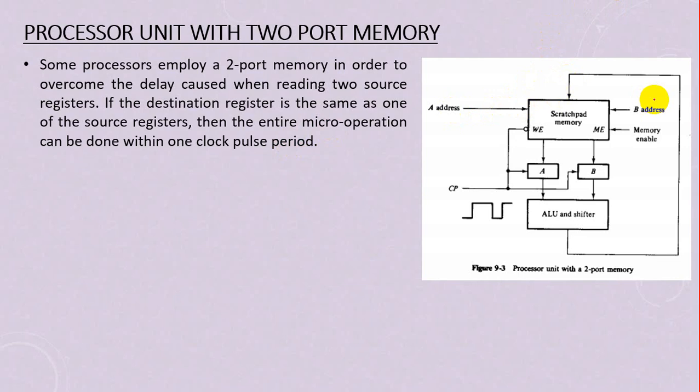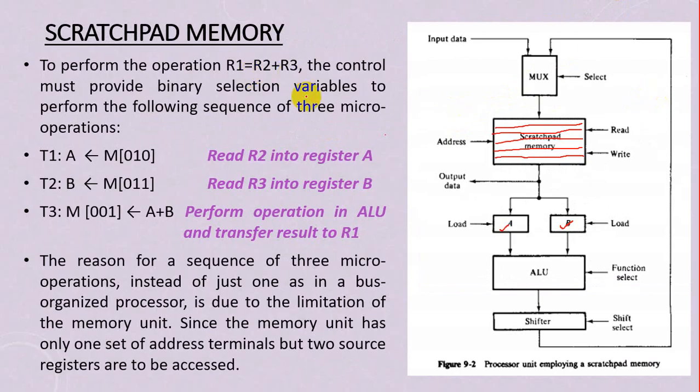As before, T1 and T2 are required to read A and B, but in two-port memory, only 1 clock cycle will be required to read A and B. So in that way, we can reduce 1 more clock cycle. Only 2 clock cycles will be required there. It can improve the performance to some extent at the expense of a little more cost for two-port memory.